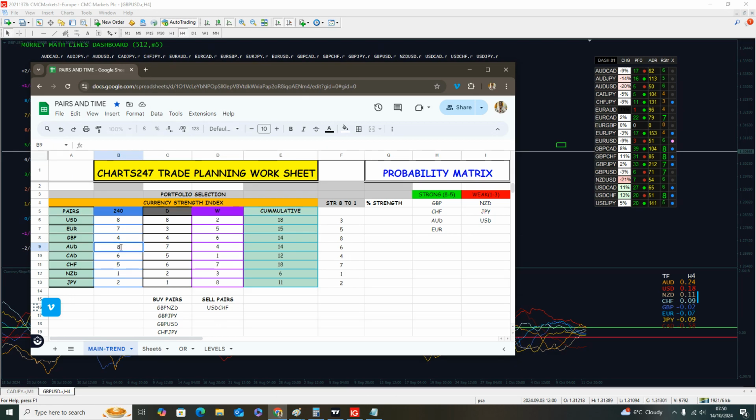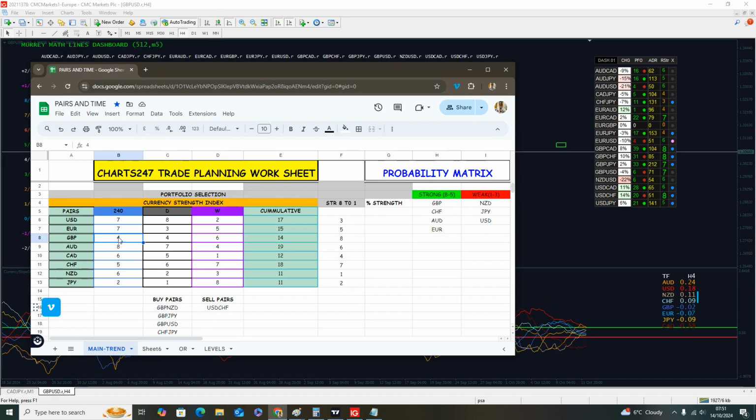Australia is the strongest, followed by the US dollar. Then we've got New Zealand, then Swiss, which is 5, the pound 4. So nothing much has changed with these ones.